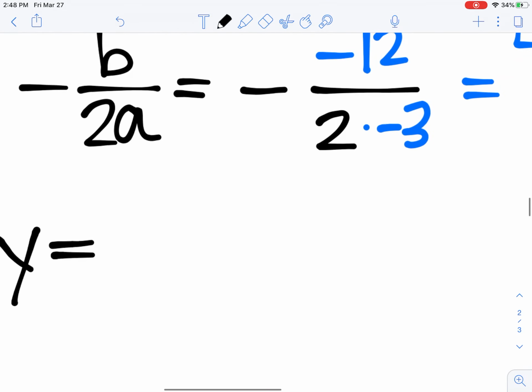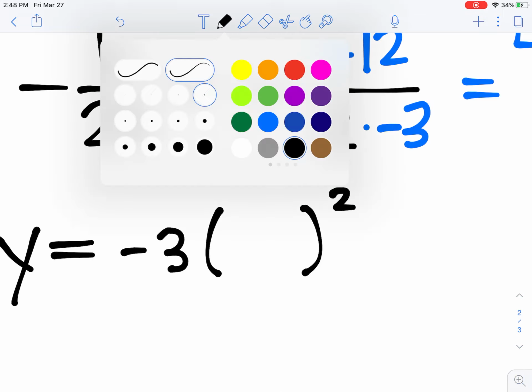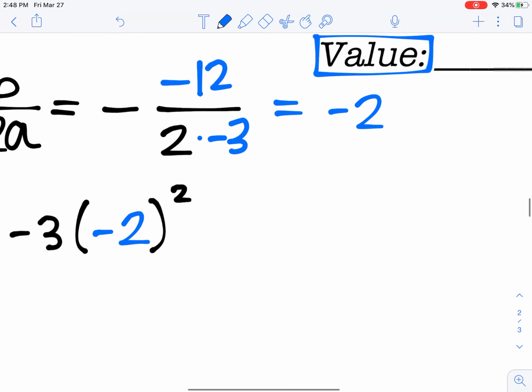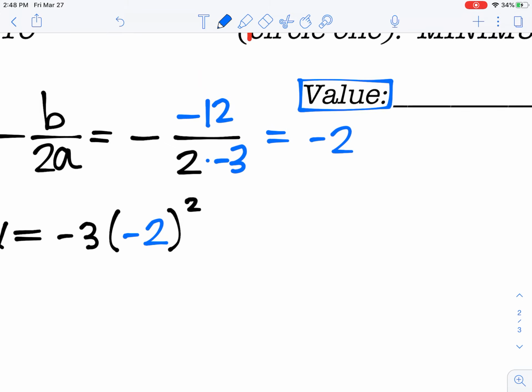So we have y equals -3 times -2 squared. Remember order of operations: the squared will happen before the multiplying by the -3.